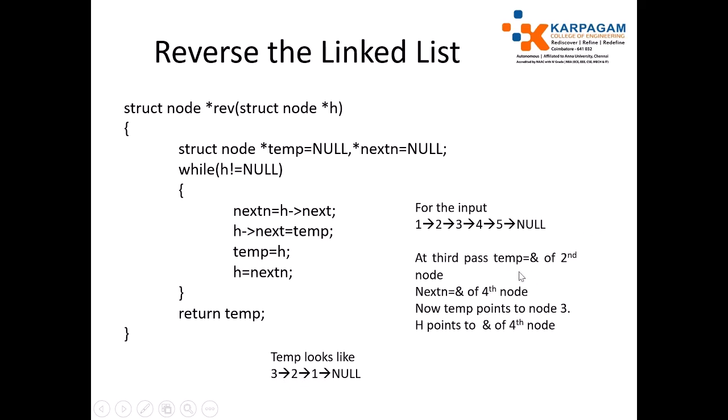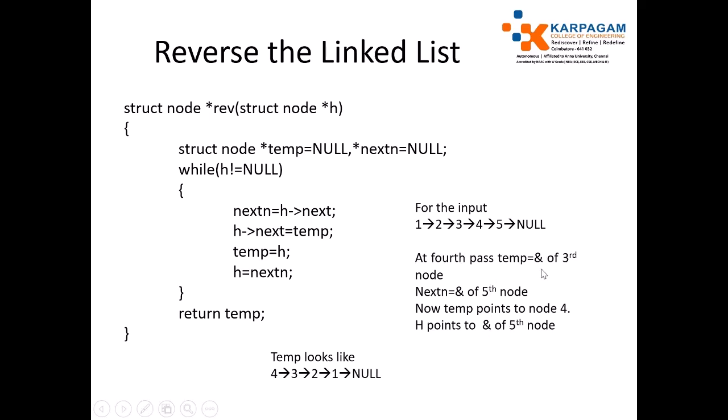At the third pass, temp points to the address of the second node. Next points to the address of the fourth node. Now, after executing temp equal to h, temp points to node 3, h points to the address of the fourth node. Finally, the temp pointer or list will be looking like this.